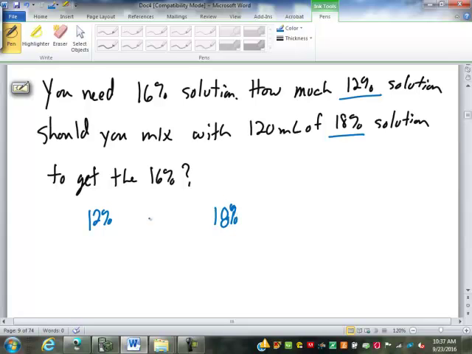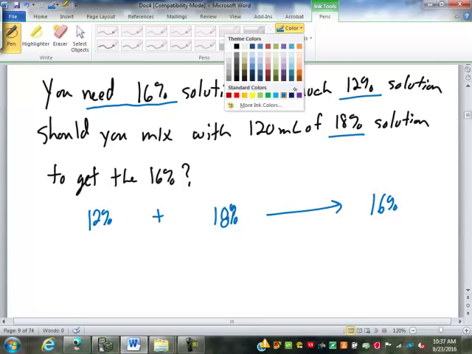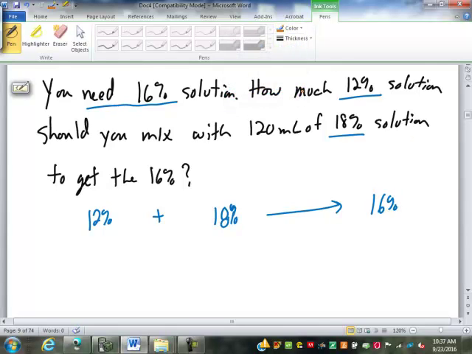But we are mixing 12% with 18%, and we are hoping to get what percent? We need 16%. Good. So we have the concentrations. Next is to look and see about what our volumes or weights are. In this case, we're given volume, 120 milliliters. Which one does that go with? The 18%.